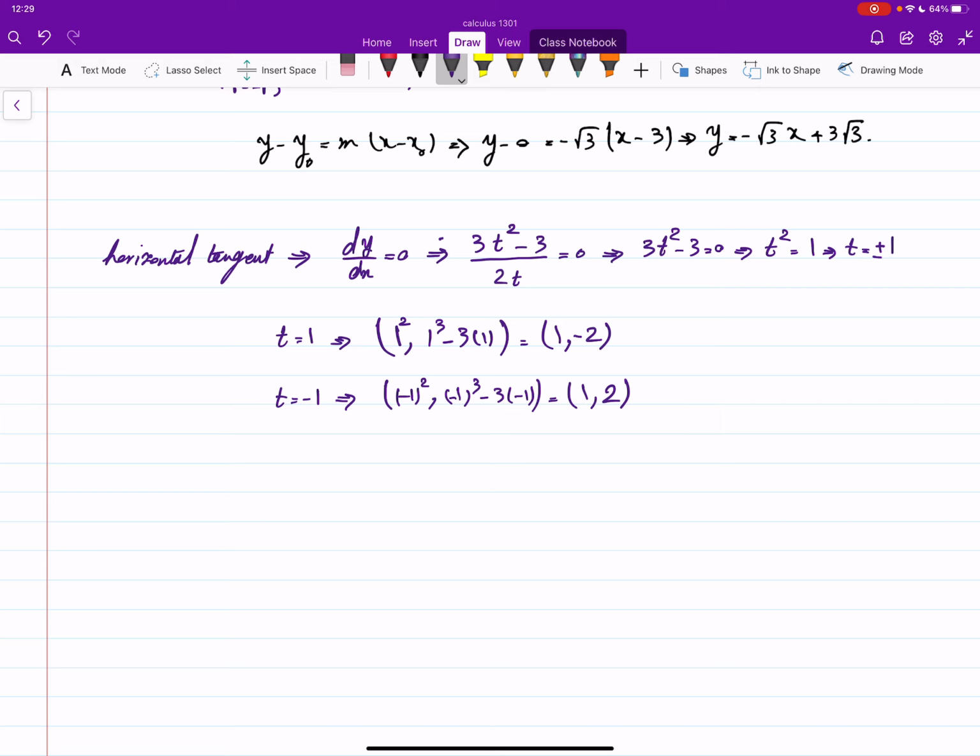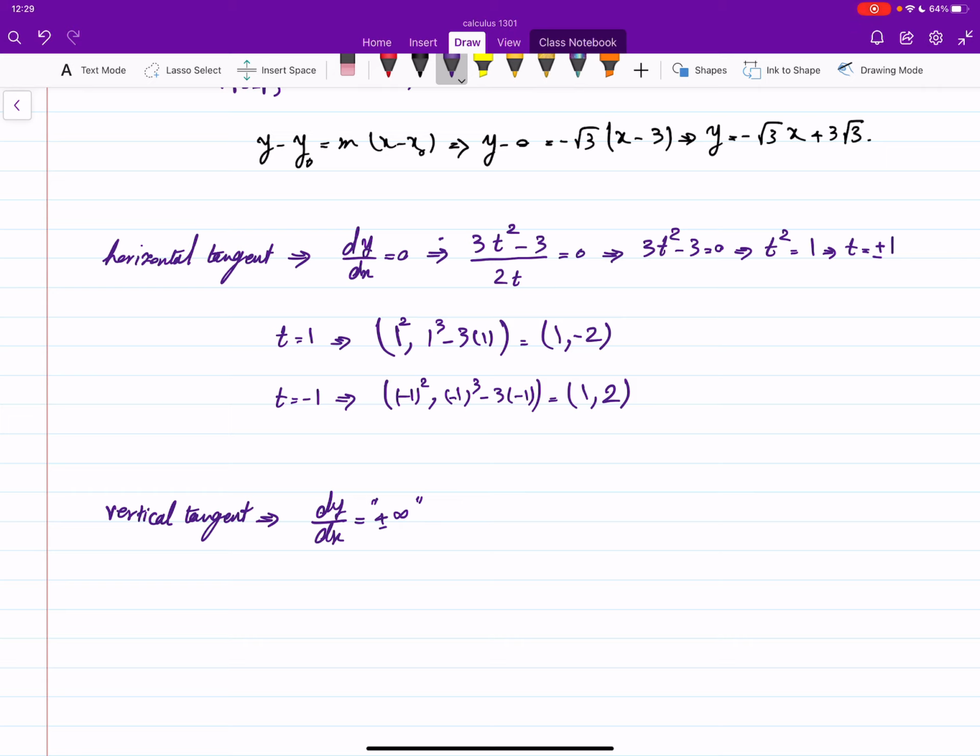And there's the vertical one. This is basically when the slope is not defined, or dy/dx specifically is plus or minus infinity. Well, here I specifically mean that the limit that defines the derivative gives us plus or minus infinity.